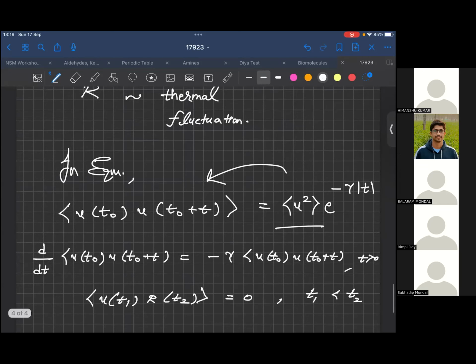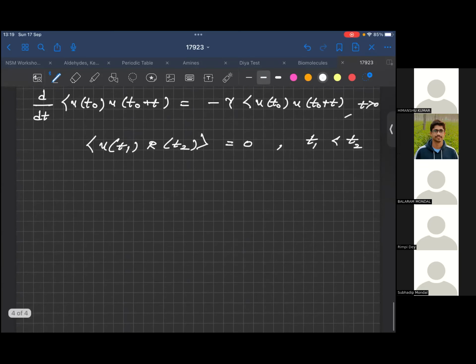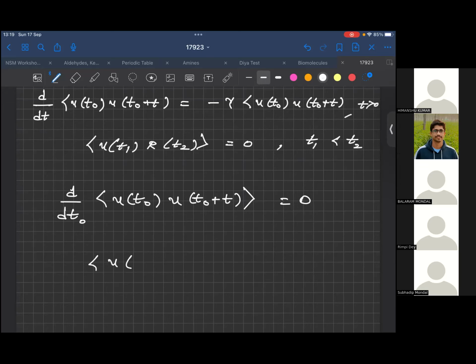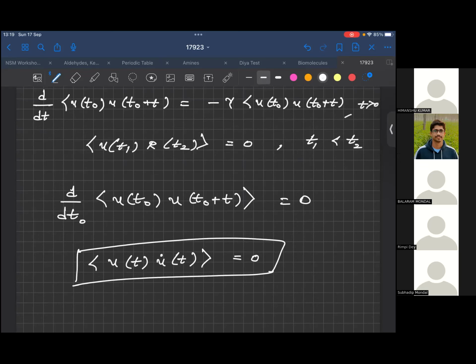This means that if we differentiate with respect to the initial time t0, this correlation should always be 0. So we say it's going to be a stationary process. However, this equation is actually contradicting the above equation here.